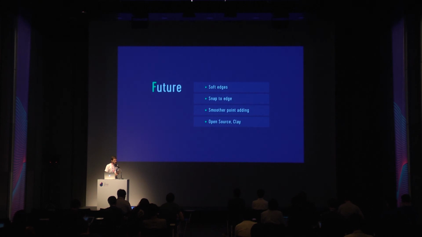Also, molding is still a lot of fiddling. It would be easier if it could snap to an edge. And we could do that by applying edge detection on the image itself, and then let the point snap to an edge once the edge is close enough.